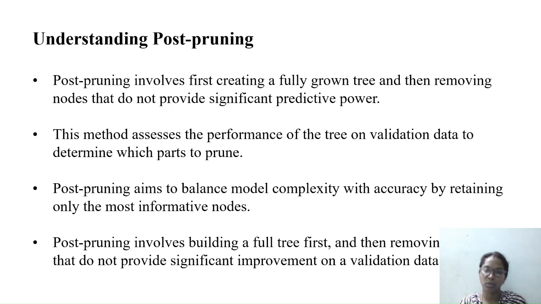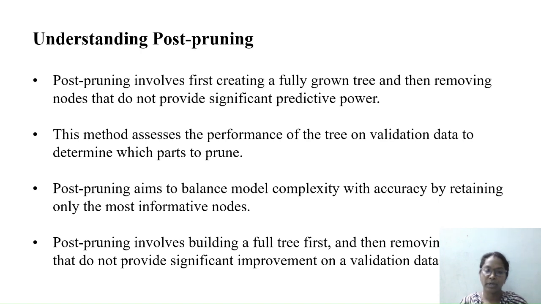Understanding the post-pruning approach. Post-pruning involves first creating a fully grown tree and then removing the nodes that do not provide significant predictive power. After the full construction of the tree, some of the nodes are removed at the end of the tree. This method assesses the performance of the tree on validation data to determine which parts to prune.